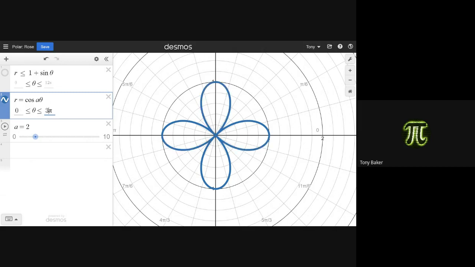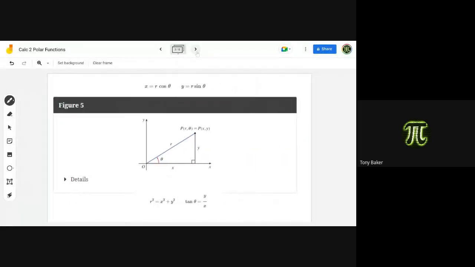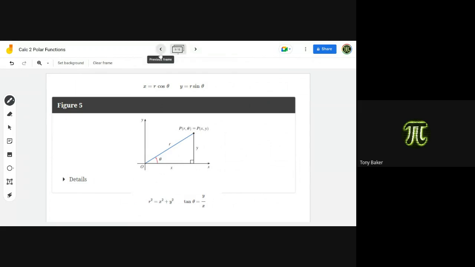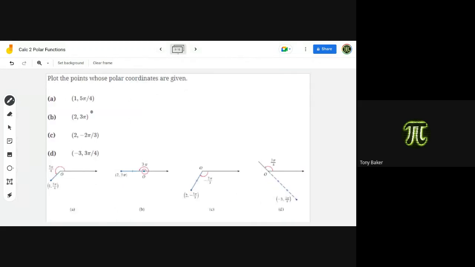Even if I did 0 to 3 pi, it doesn't change because it's just re-going over a spot that I've already done. Okay? Any questions with that? Does that make sense? Okay.